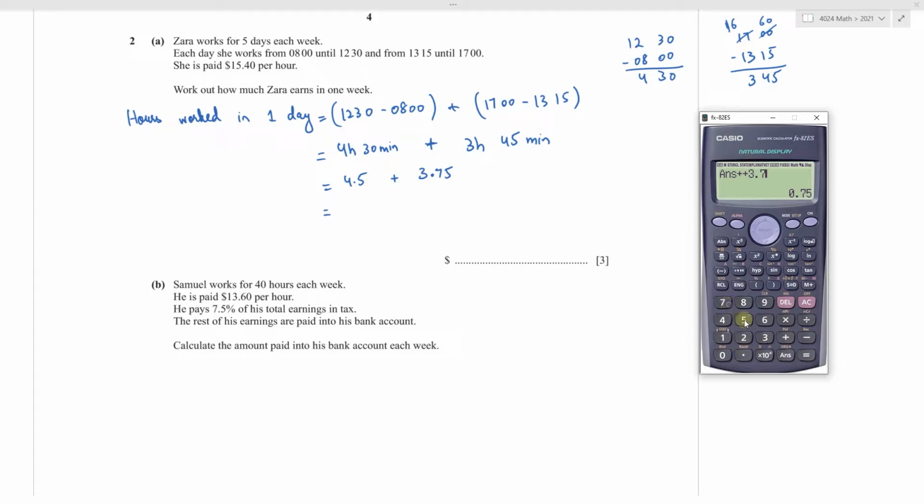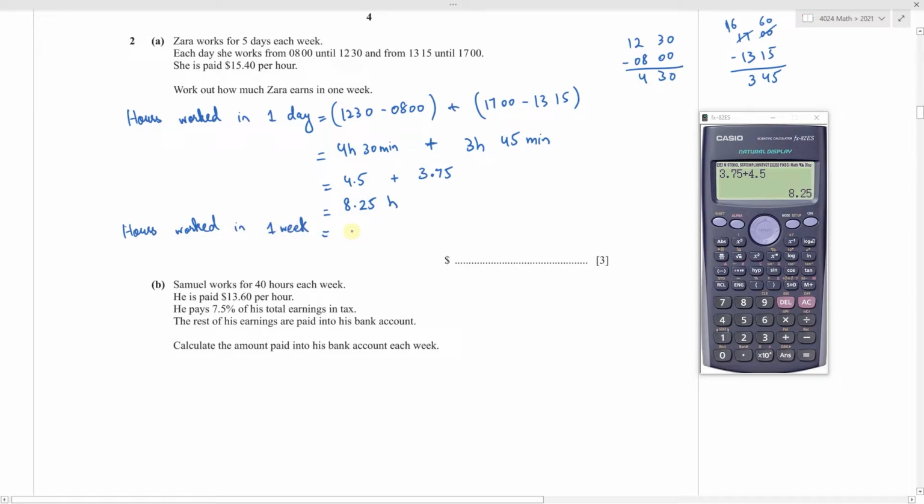So 3.75 plus 4.5 is 8.25 hours, the amount of time Zara works in one day. So hours worked in 1 week will be 8.25 multiplied by 5 because she works 5 days a week.